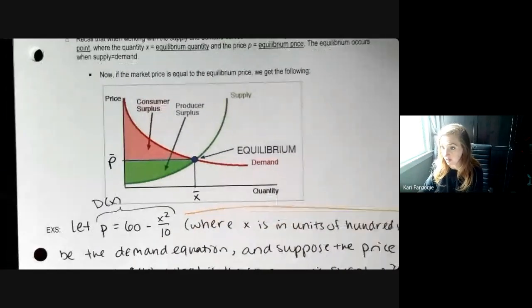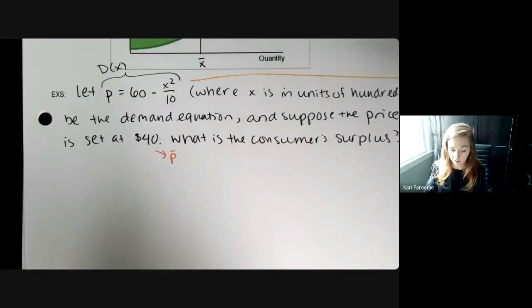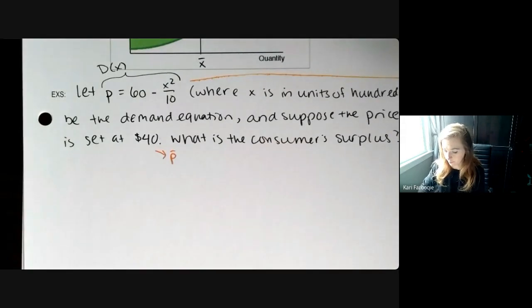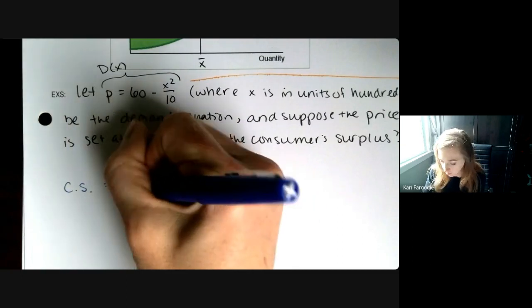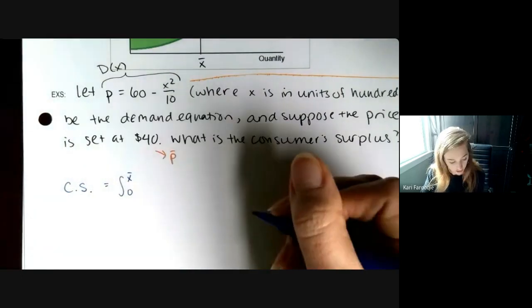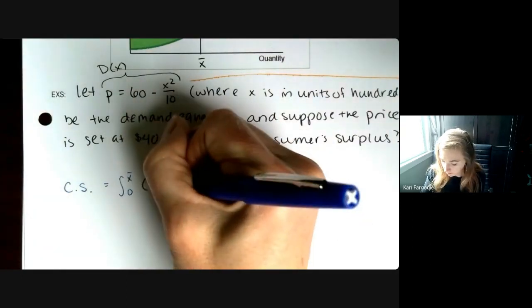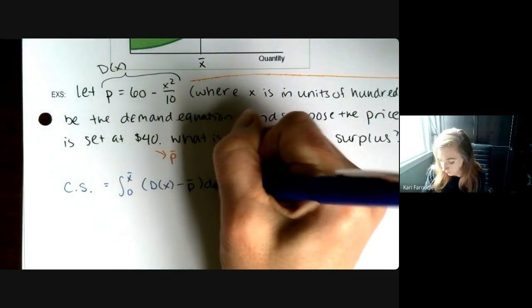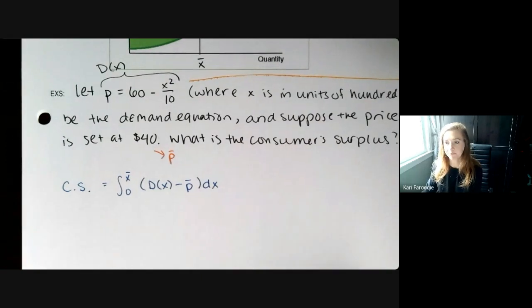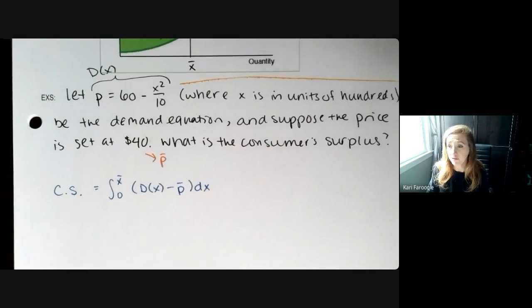I'm going to rewrite that here because we are going to use it. So consumer surplus is equal to the integral from 0 to x bar of d of x minus P bar dx. Now, we have some of this information.